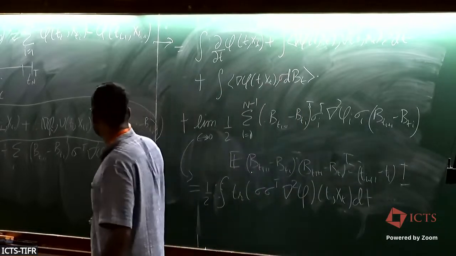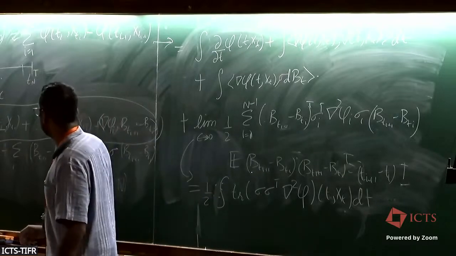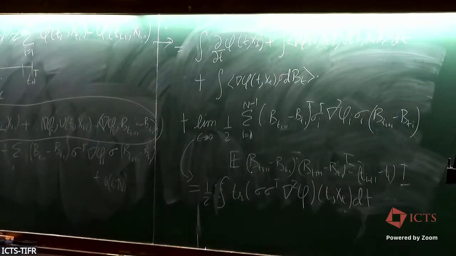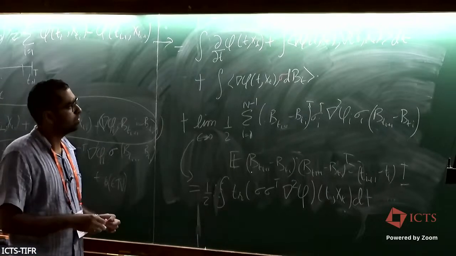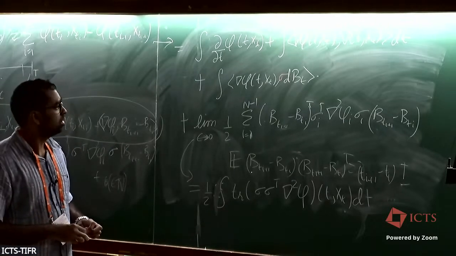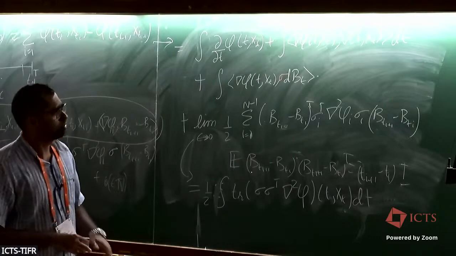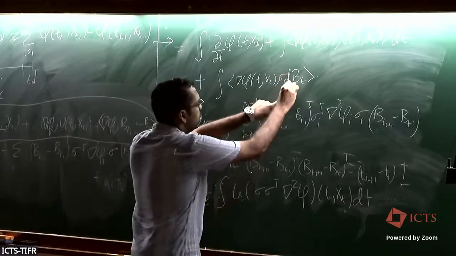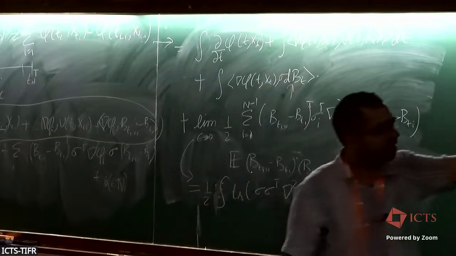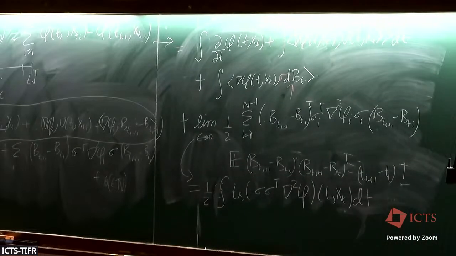Yeah, here also it is a sigma dB_t. I think I started the mistake here, but this one is correct. Yeah, so those are sigma dB_t. No, it is there, this one. If you look at the final answer here, it's there in the sigma dB_t.